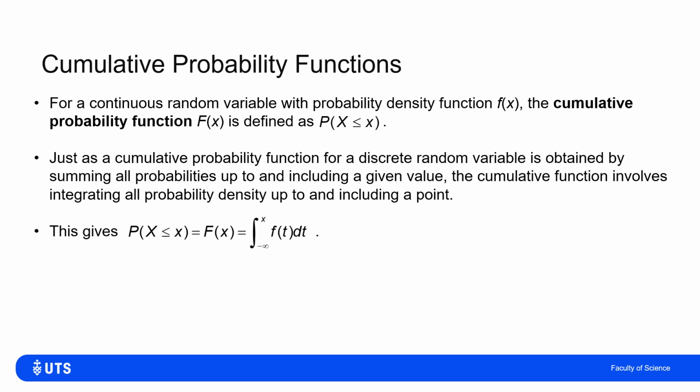So this says that the cumulative probability function for x is obtained by integrating the density function of x between the smallest possible value, potentially tending off to minus infinity, and the point I'm now interested in, little x.